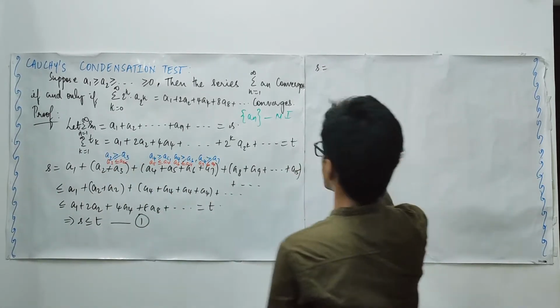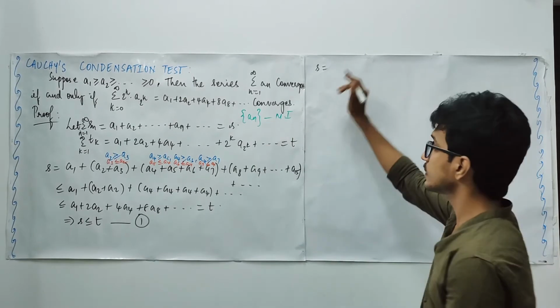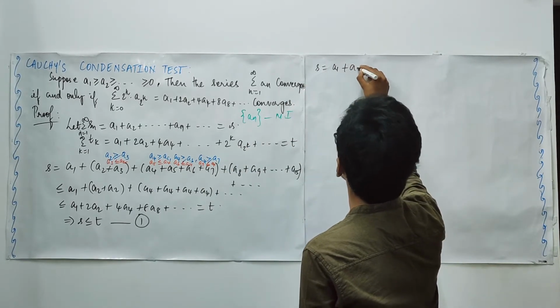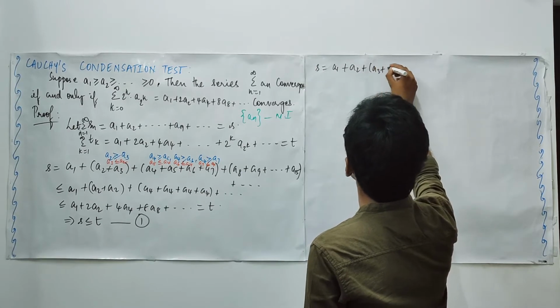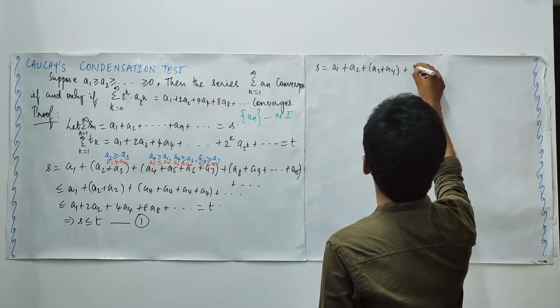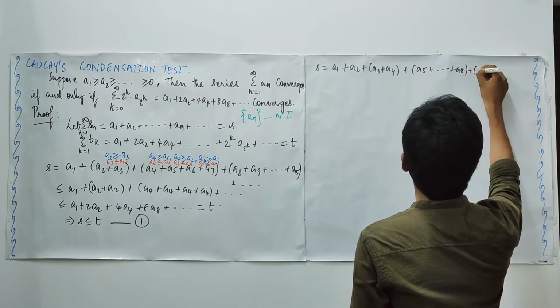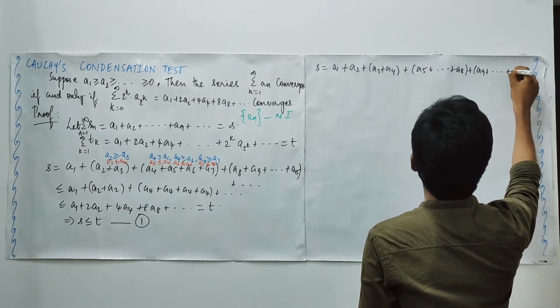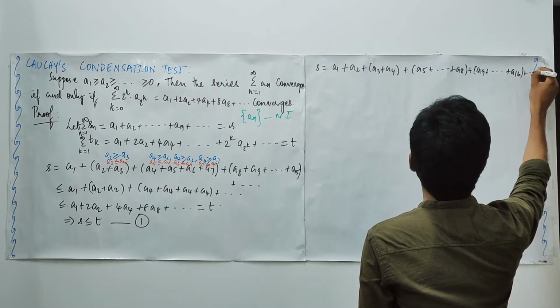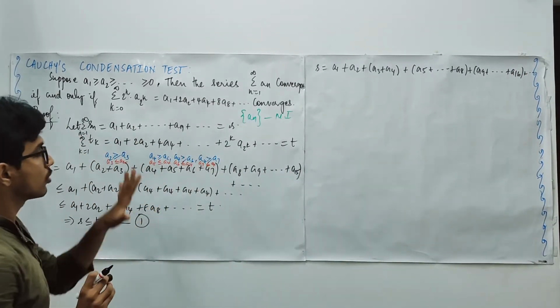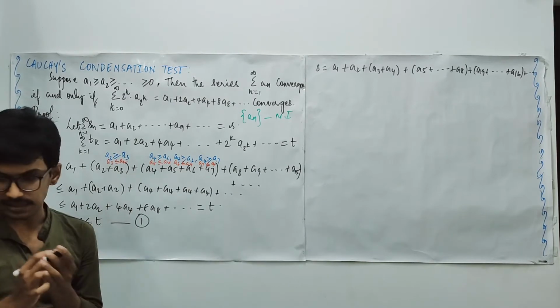Even now you are going to consider only s and combine it in this form: a1, a2, a3 plus a4, a5 to a8, then a9 to a16, and it goes this way. Again we are going to do these calculations.